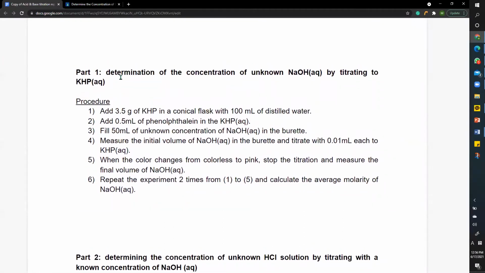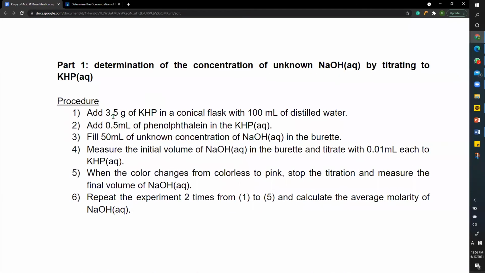So first, in determining the concentration of unknown NaOH by titrating KHP, we will add 3.5 gram of KHP in a conical flask with 100 milliliter of distilled water. We add the 100 milliliter of water because it is a solid.